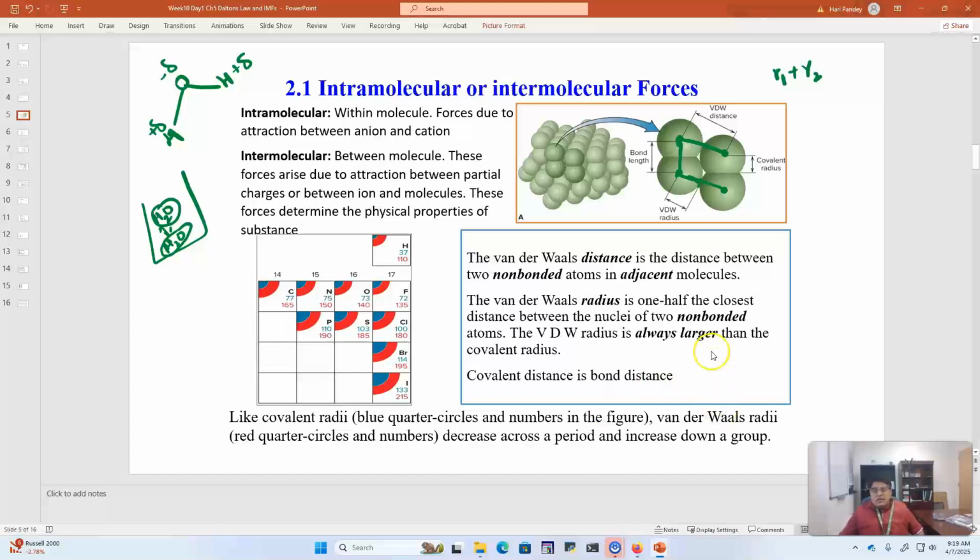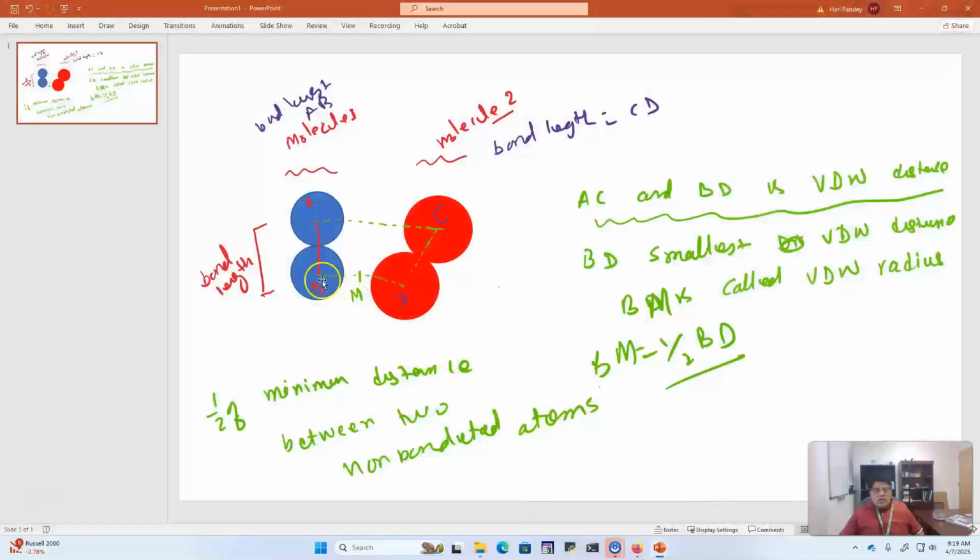Okay, guys. Now let's see why that is. The covalent radius, this can give you the covalent radius, from here to here. But the van der Waals radius should be between two molecules. If you think about BL, let's say BL is the covalent radius, but BM is the van der Waals radius.